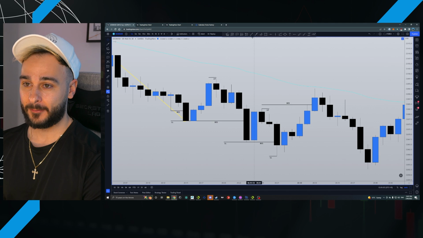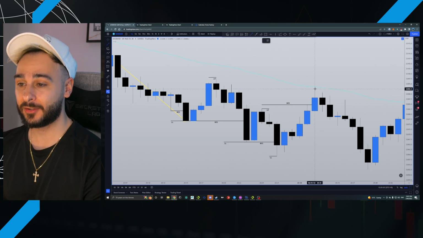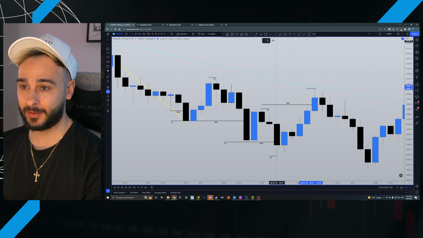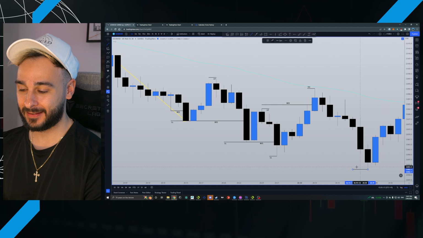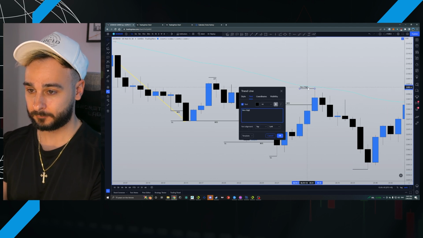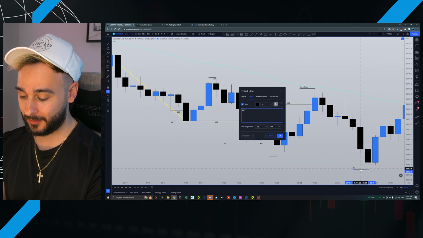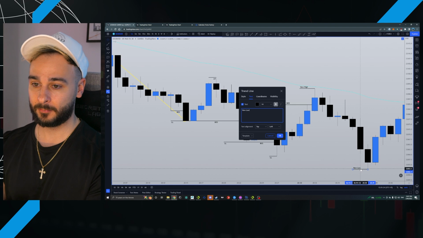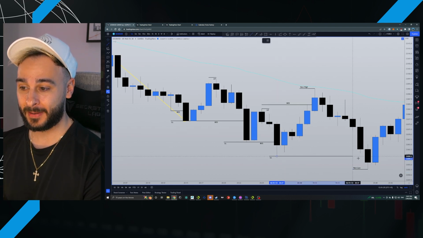So what happens now? You now have broken structure, which means you have no valid trend. This creates the new high, and this creates the new low, because we did not respect structure. We didn't respect these lows.